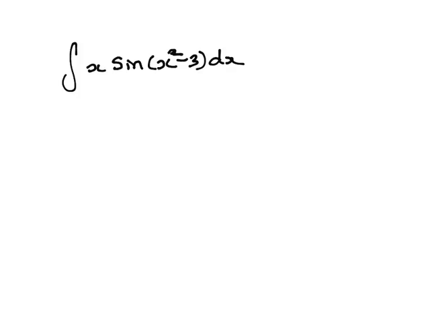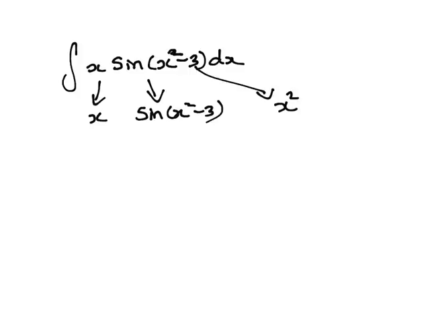Okay, so integral of x sine of x square minus 3 dx. So here I have again three functions. One function is x, the other function is sine of x squared minus 3, and the third one is x squared minus 3. Now if I take x as t, there's no point, isn't it?